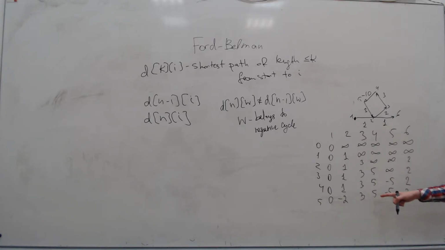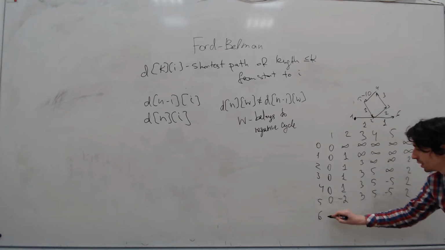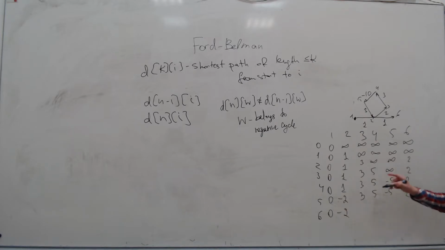Then we update all other vertices and we update from 2 again. So it will be 0, -2. From 2 we relax to 6, it will be -1, and to 3 it will be 0. And so on. This can go to infinity. You can update this cycle infinitely.